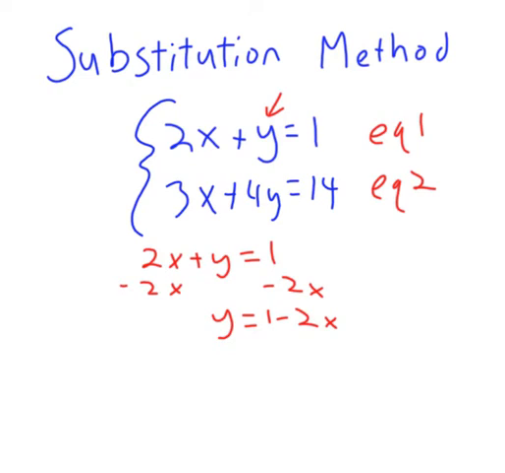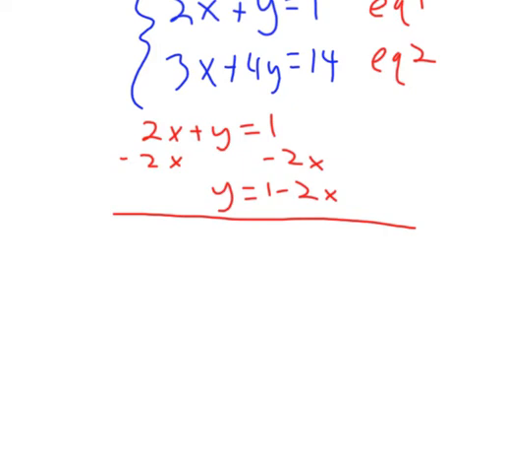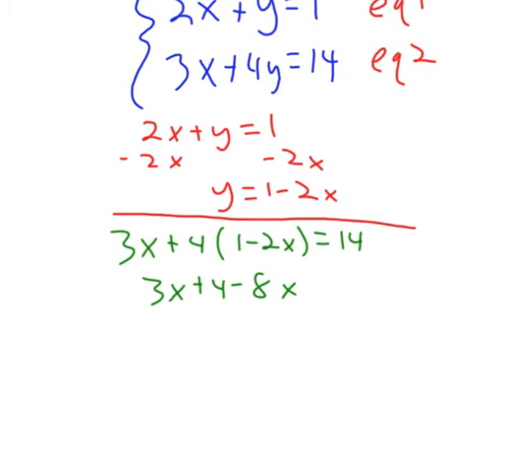Now that y is in terms of x, we can sub it into equation 2. So I'll rewrite equation 2 as 3x plus 4 times (1 minus 2x), and all that equals 14. So let's expand this. 3x plus 4 minus 8x equals 14.